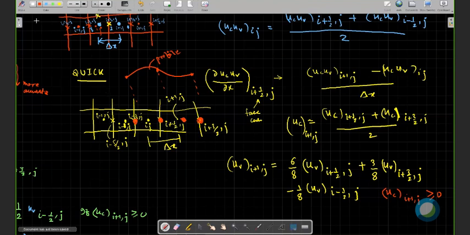In the else case, you will have to take this, this, and one more.